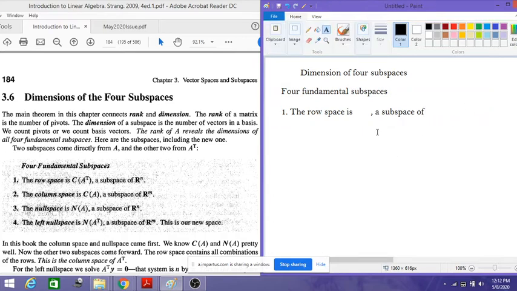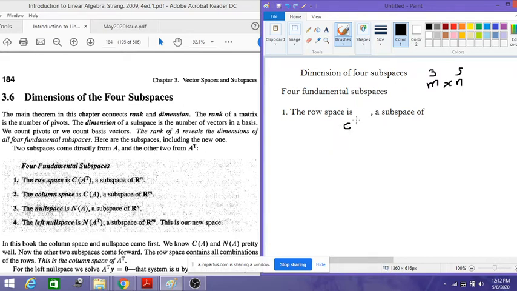If you are talking about the row space, then it depends on the number of columns. For example, if we have an m cross n matrix, let us consider that it is a 3 cross 5 matrix. Then the row space can be defined in terms of the column space of A transpose. I don't have much space, so I'll write it below.